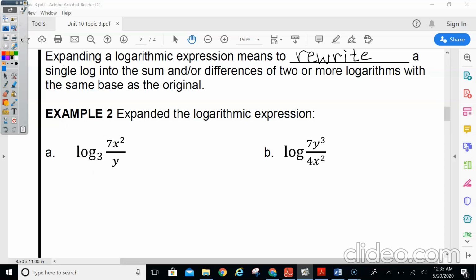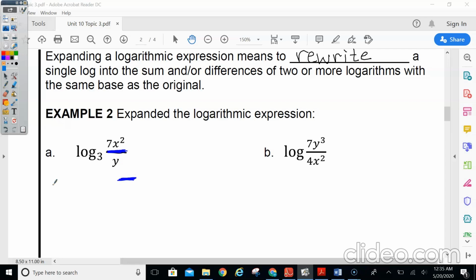So when you expand these, the first step is to split up the division part. Here, when we divide two things inside of a log, we subtract their individual logs.